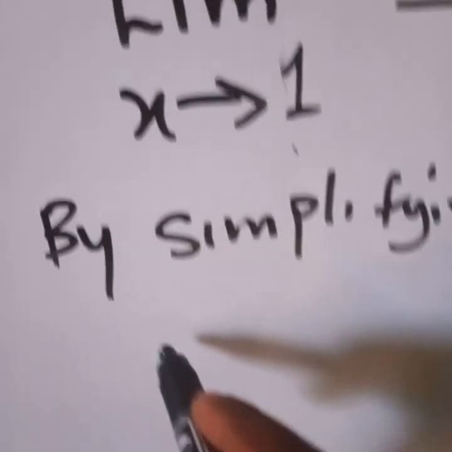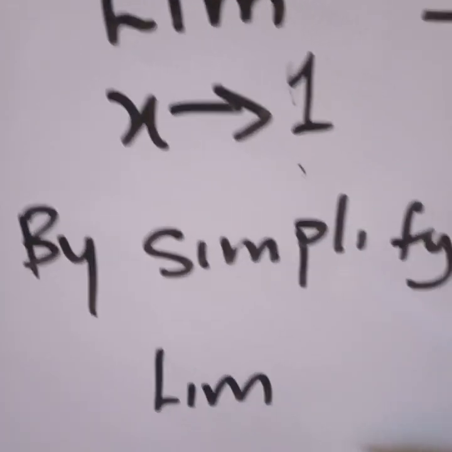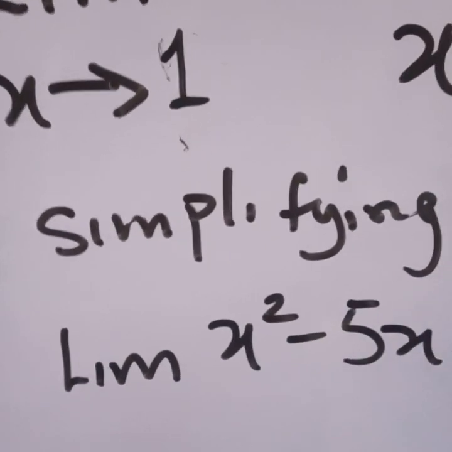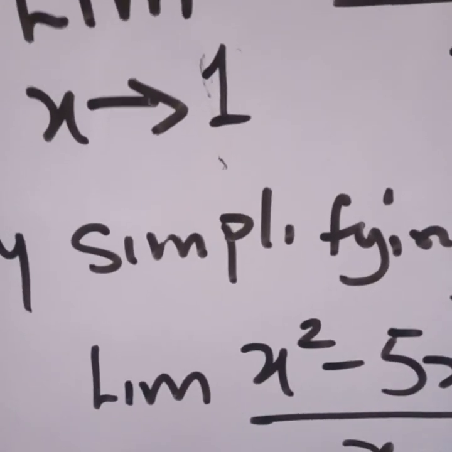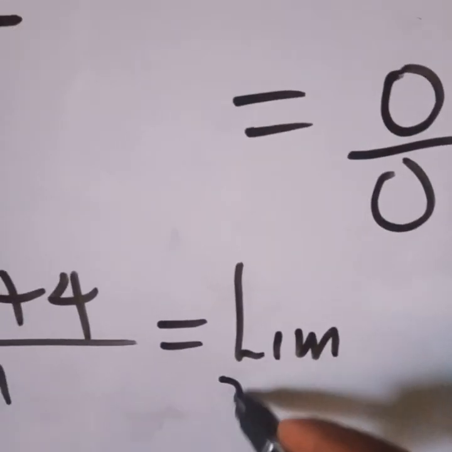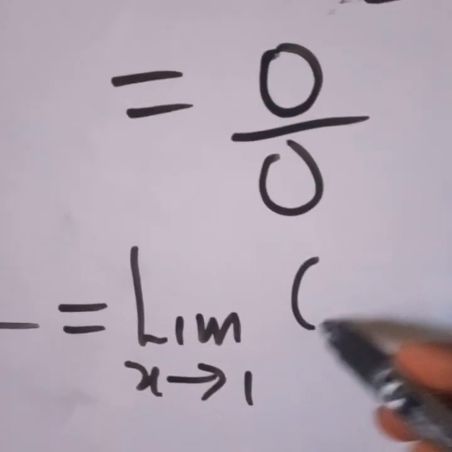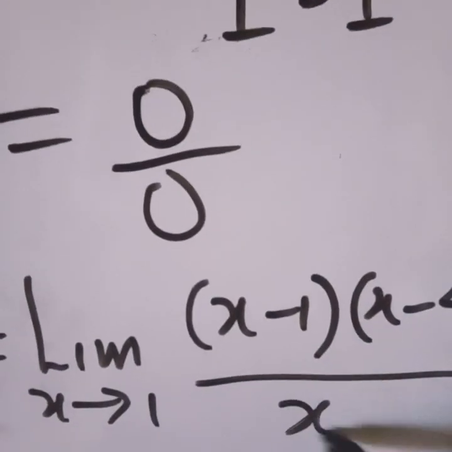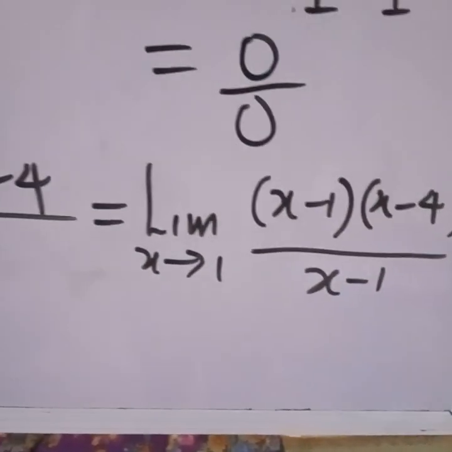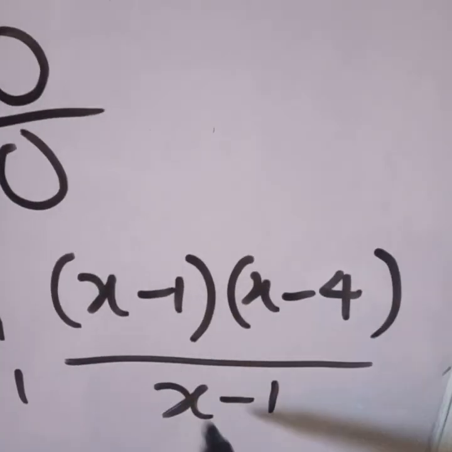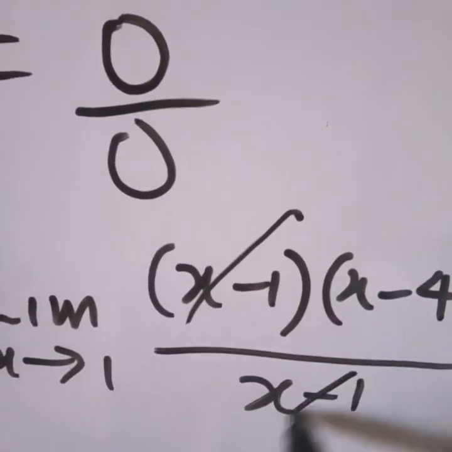the limit of x squared minus 5x plus 4 divided by x minus 1 as x tends to 1. So this is equivalent to this. Okay, so by expanding this, we get this numerator. Here x minus 1 is common, so this can cancel out.